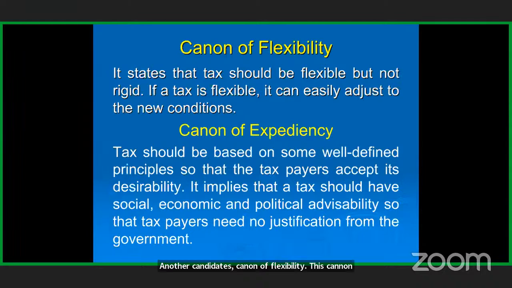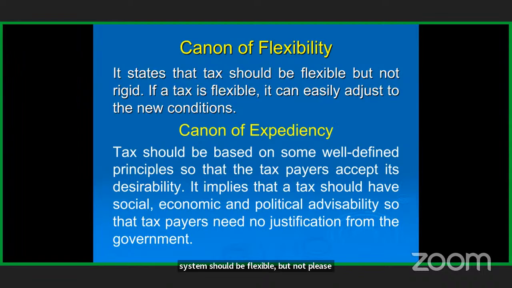This canon states that tax should be flexible but not rigid. Technically, there is a difference between the two of them. The canon of flexibility seems to be similar to the canon of elasticity, but there is a difference. The canon of elasticity states that there should be a possibility to increase or decrease the revenue, whereas the canon of flexibility states that the tax system should be flexible but not rigid.